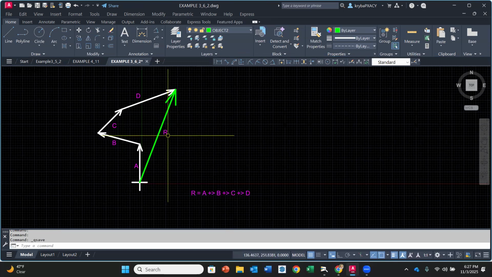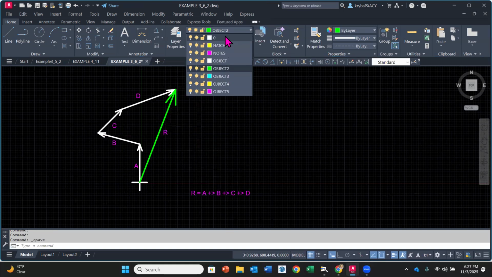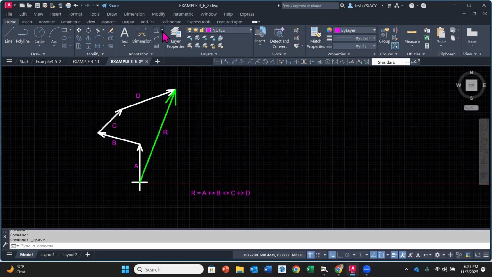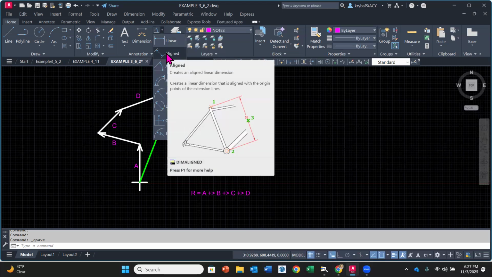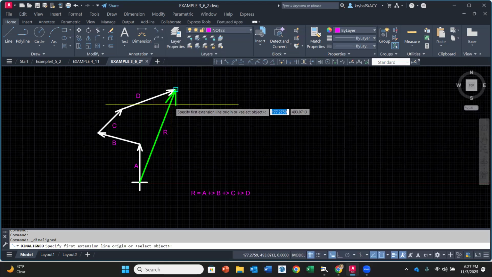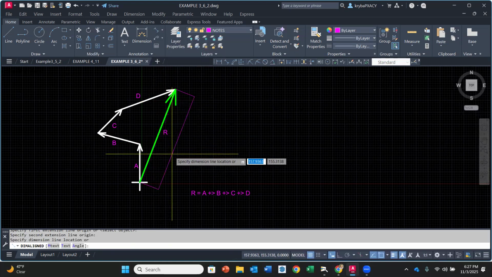Now for my answer, what is the magnitude and direction of the resultant? I'm going to change to my notes layer and add an aligned dimension. If this was vertical or horizontal, I could use a linear dimension, but I need it to be aligned. Make sure you go from endpoint to endpoint.